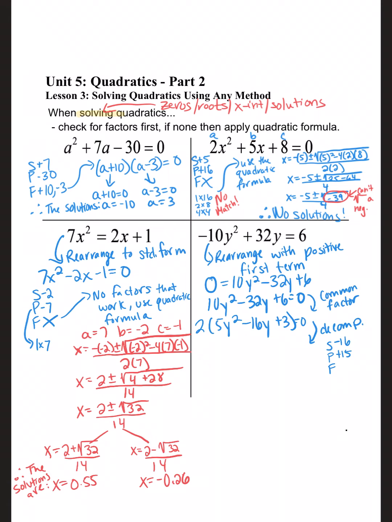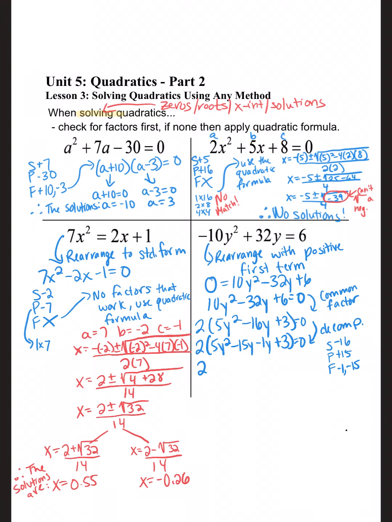So my factors of 15 are going to be 1 and 15, 3 and 5. So if we had a negative 1 and a negative 15, that'll add to a negative 16 but multiply to a positive 15. So we will use those to do decomposition. So we'll have 5y squared minus 15y minus 1y plus 3 equals 0.